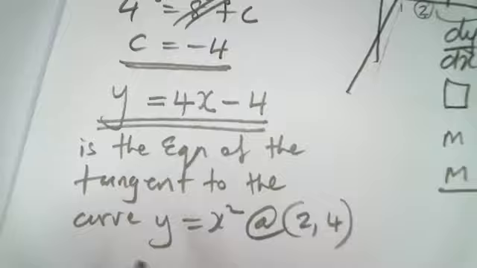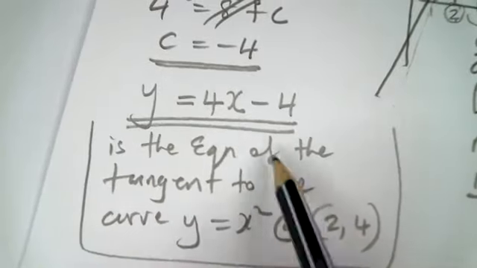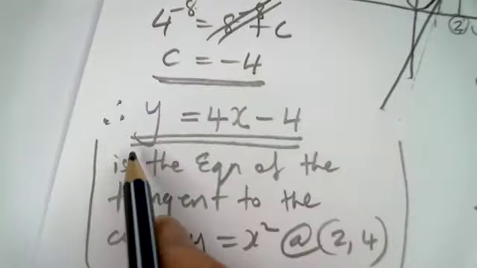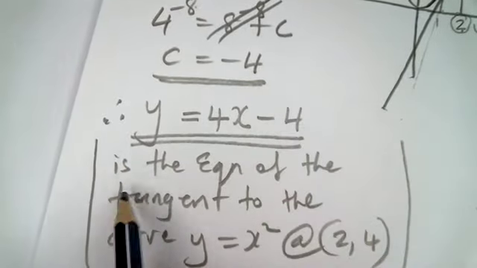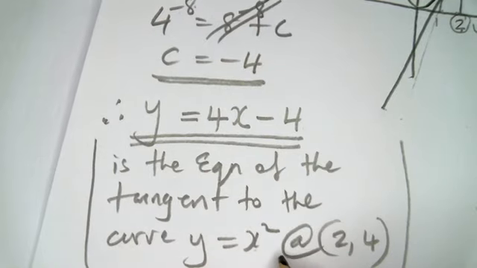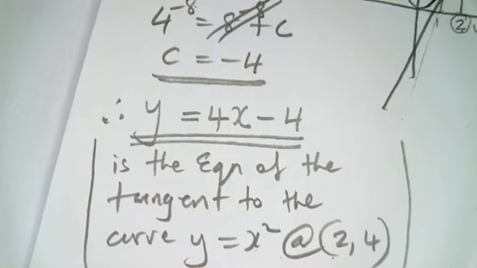That's what you need to put. So state the equation, and therefore y equals 4x minus 4 is the equation of the tangent to the curve y equals x squared at the point 2, comma 4. Put all of that and you're cooking with gas. Straight away, that's the answer.